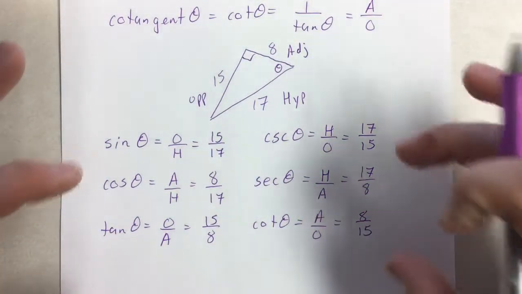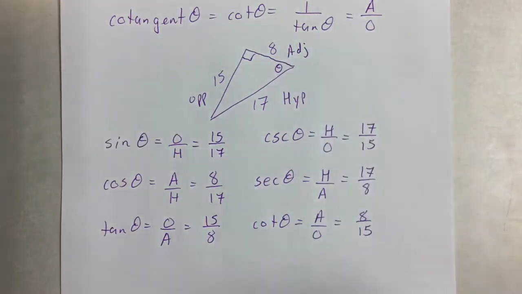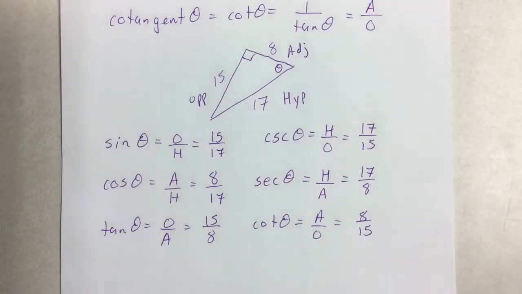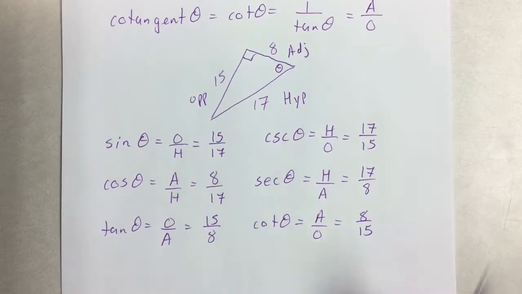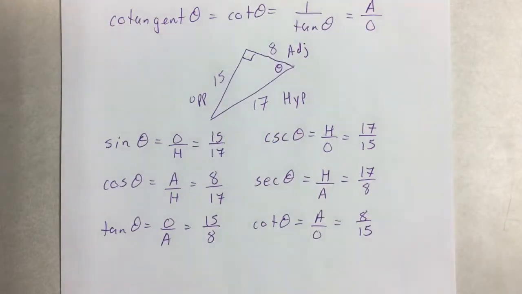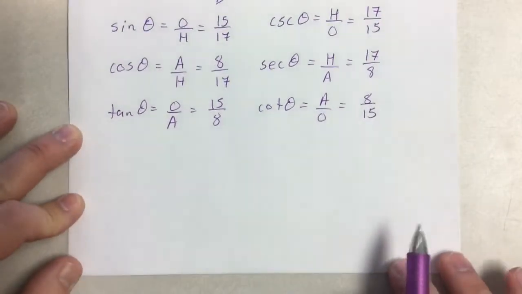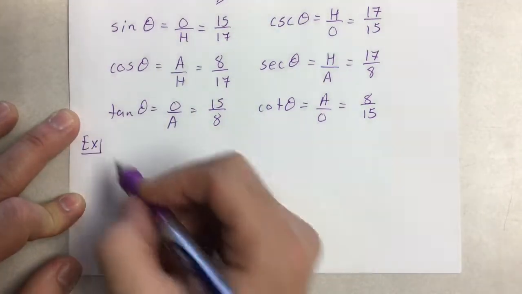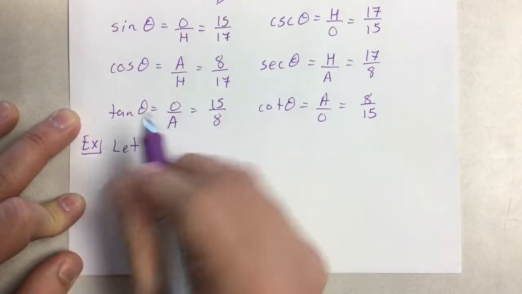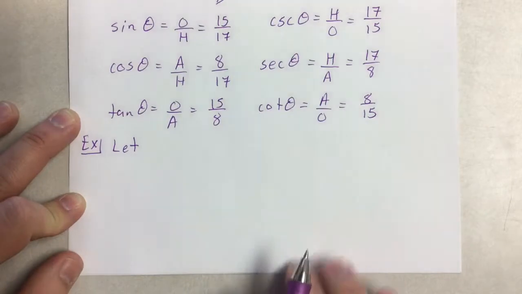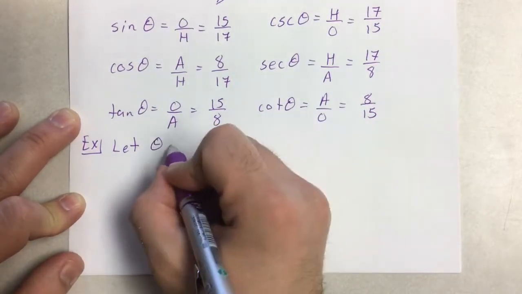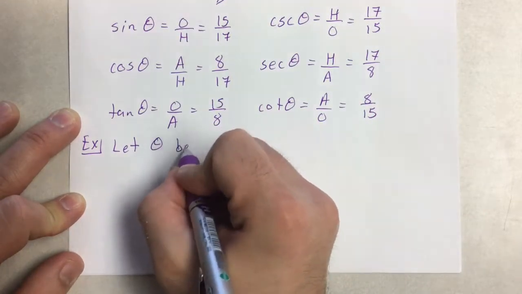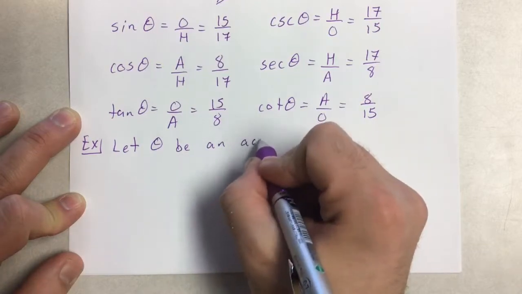Notice I could not do this if I were not to label, or at least know, what the adjacent side and opposite side are. And an example for us to try, this is a common example when we become familiar with the trig ratios: let theta be an acute angle.